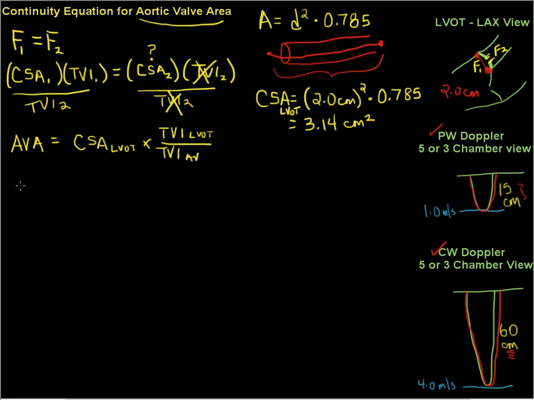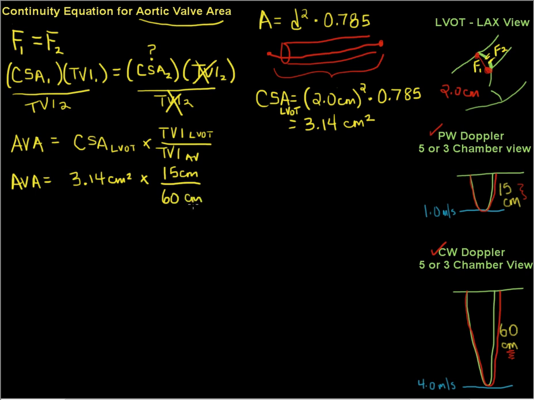We can just come back to our formula and say that aortic valve area is equal to the cross-sectional area of the LVOT, which was 3.14 square centimeters, times the TVI of the LVOT, which we said was 15 centimeters, divided by the TVI through the aortic valve, which we said was 60 centimeters.